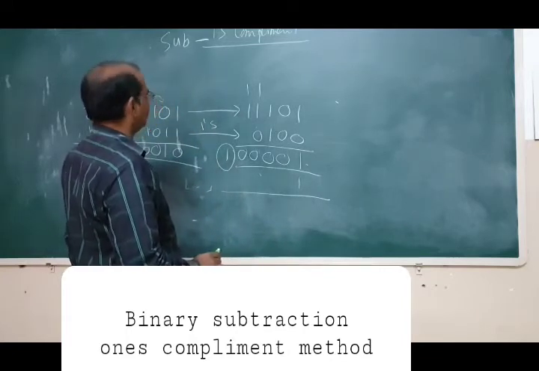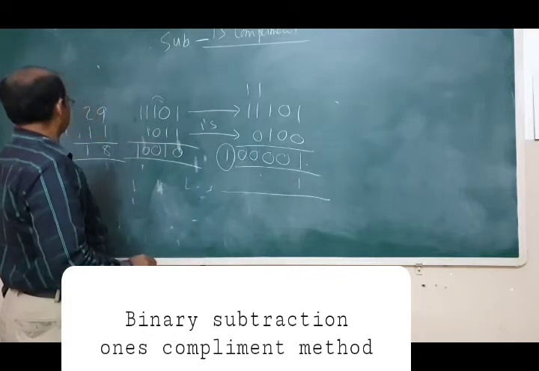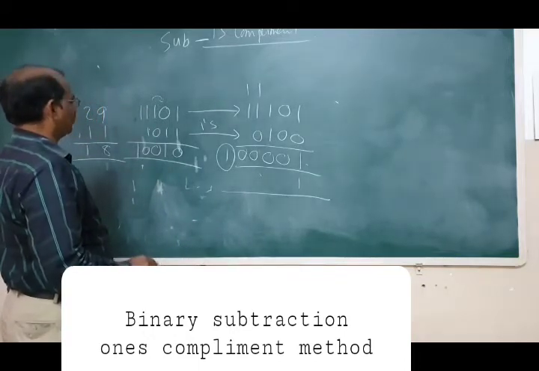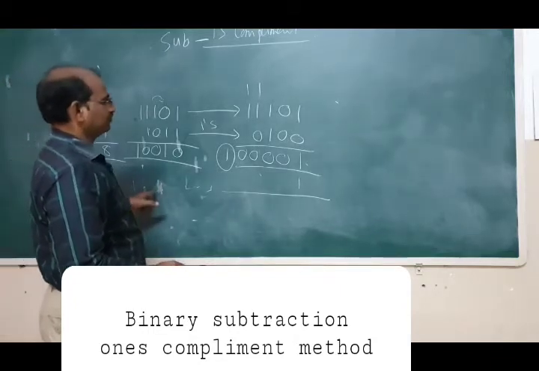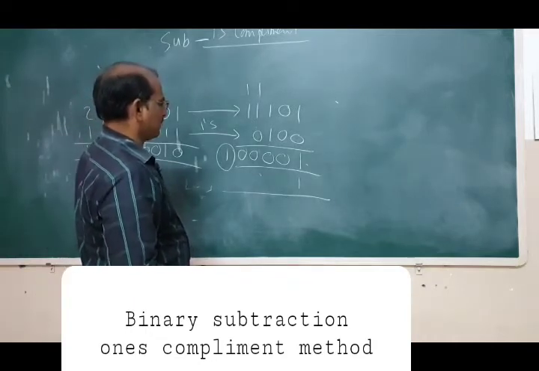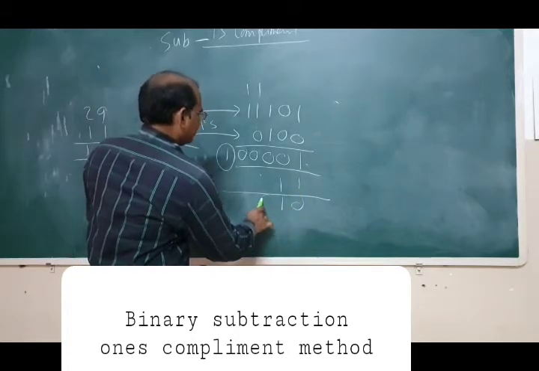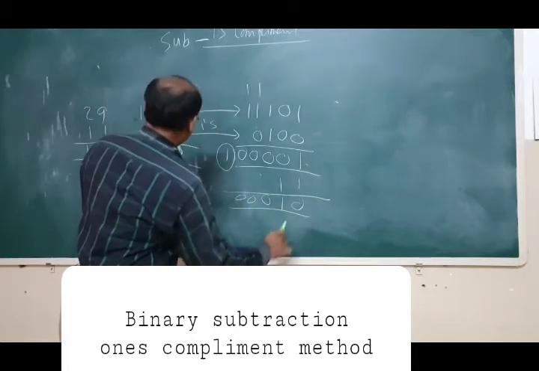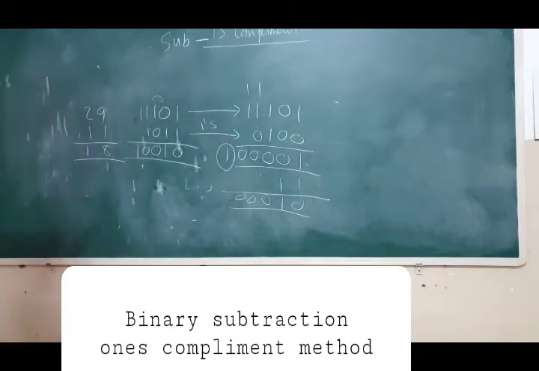So after doing the end round correction, 1 plus 1, sum 0, carry 1. So we have to get 1 0 0 1 0, but we got 0 0 0 1 0.